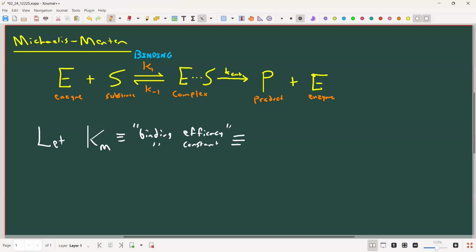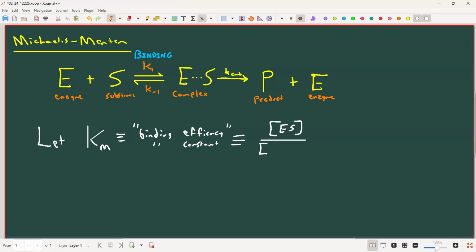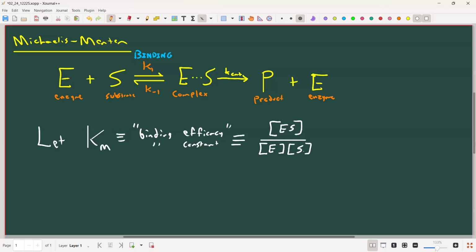You talk to a chemist or a pharmacologist, and that's equal to the concentration of the complex divided by the concentration of the enzyme, divided by the concentration of the substrate. And of course, this has a delta G associated with it. This is an equilibrium constant.